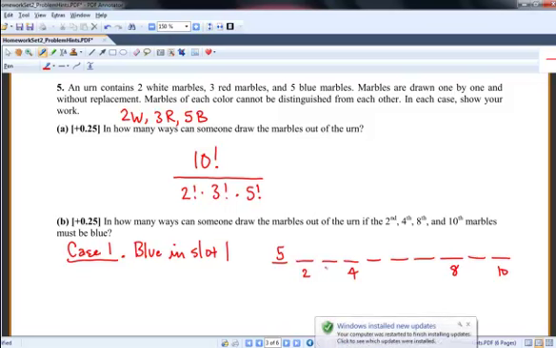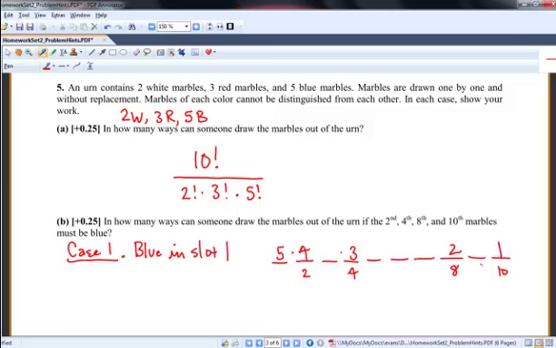When we come to the second slot, I have 4 choices for a blue now, 3 here, 2 here, and 1 here. Now the only thing I have to worry about is the number of ways to rearrange the other marbles. I can put the reds and the whites anywhere in these other slots, so I have 5 choices for the others, 4, 3, 2, and 1.